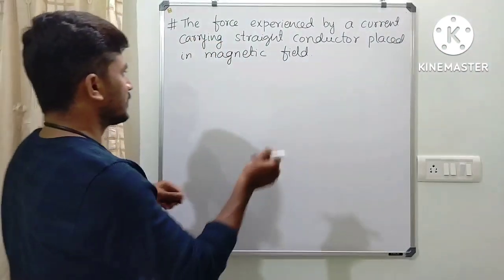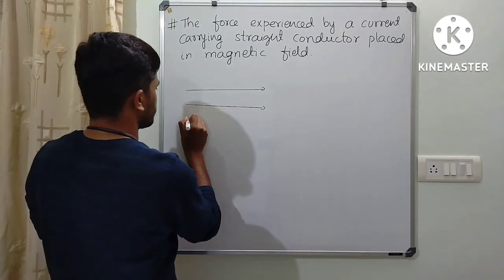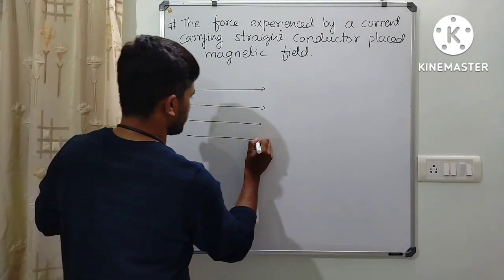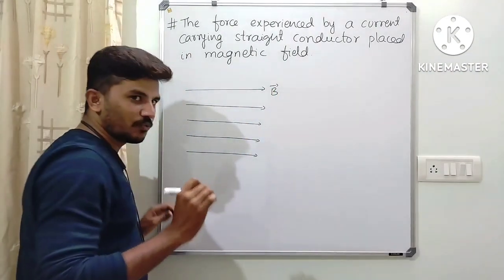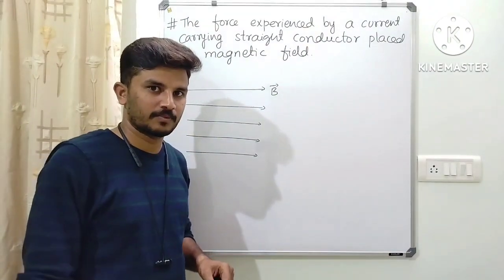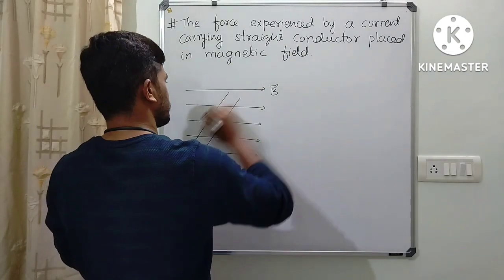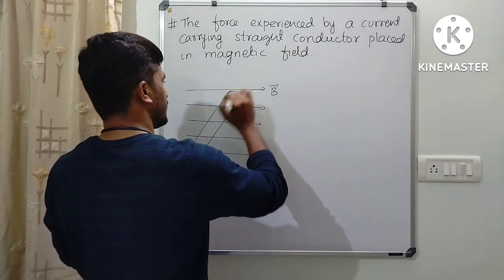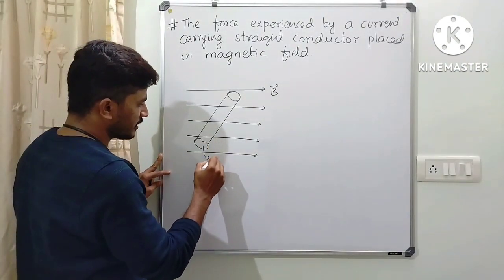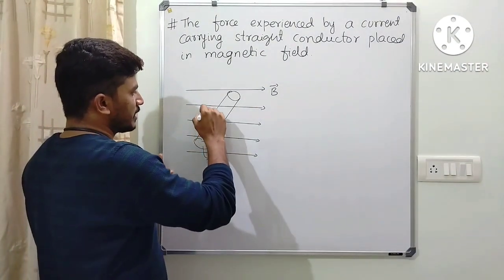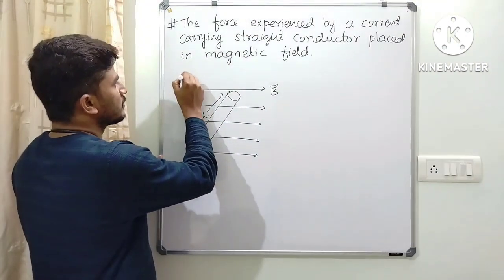So here, let me consider uniform magnetic field represented by equidistant parallel lines. Then we have a conductor placed in it whose cross-sectional area is A and whose length is L. Then this volume is given by what?